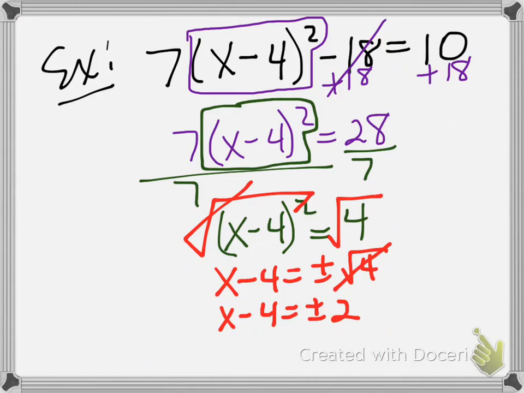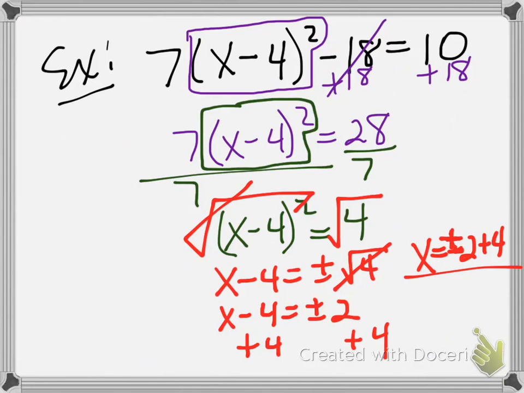Now what do I do? I need x by itself. So I'm going to add 4 to both sides. So right now my solution is x equals plus or minus 2 plus 4. And it's very tempting to stop right there, but this means we have two solutions. One solution is positive 2 plus 4, which is going to be 6.